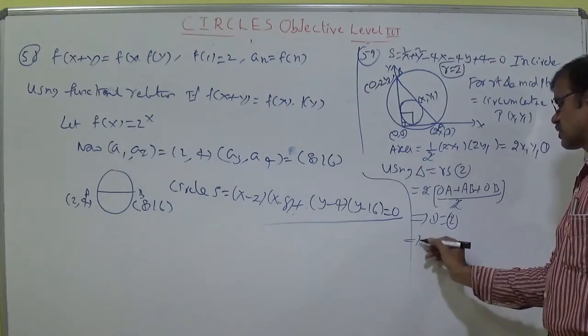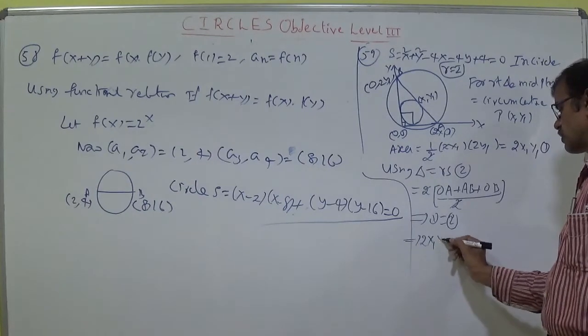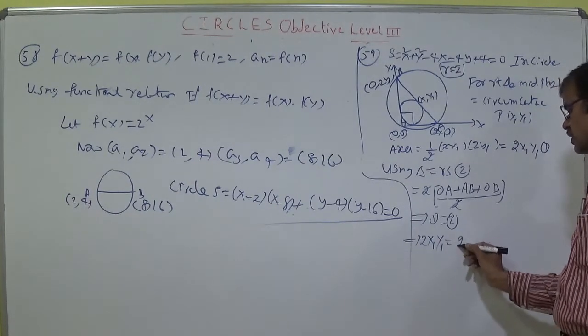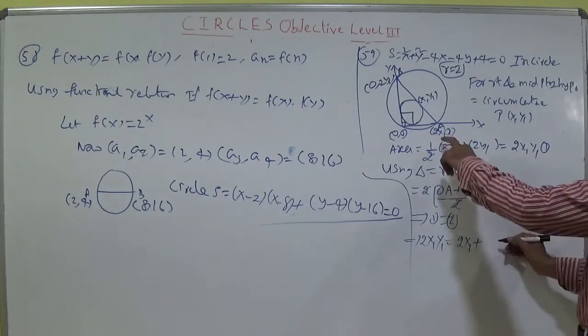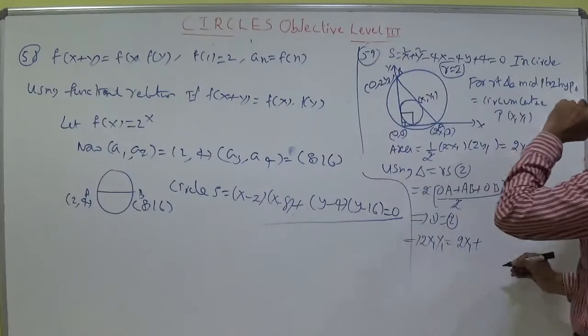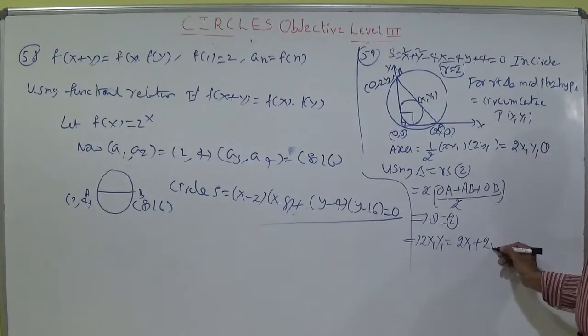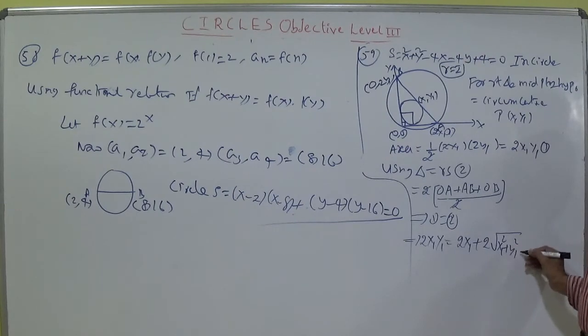That implies you can write 2x1 y1 is equal to OA, which is 2x1, plus AB, which is root of (2x1) whole square plus (2y1) whole square, so 2 root of x1 square plus y1 square, plus this is 2y1.